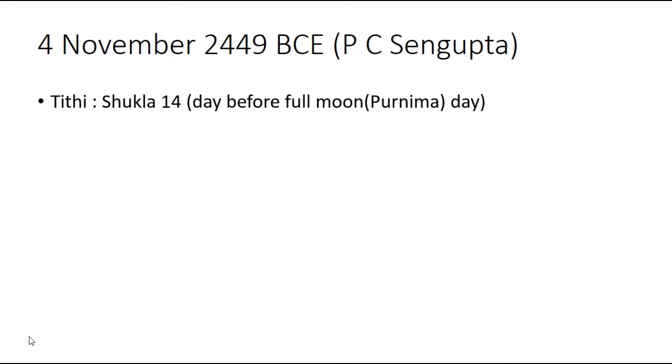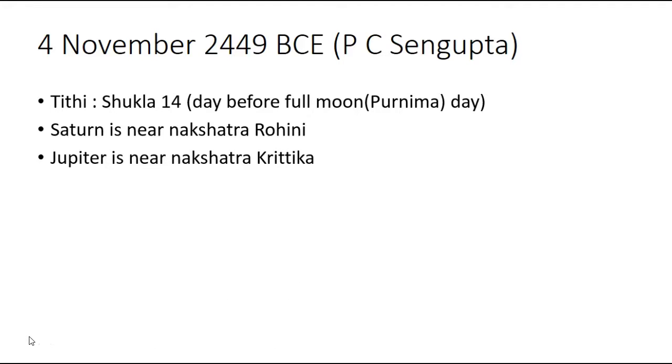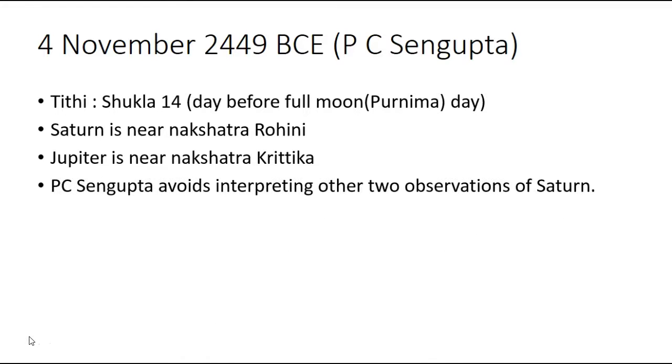Tithi for this first day is Shukla 14, Shukla Chaturdashi, that is around the full moon day or day before full moon day. Saturn is near Nakshatra Rohini. Jupiter is near Nakshatra Kritika.